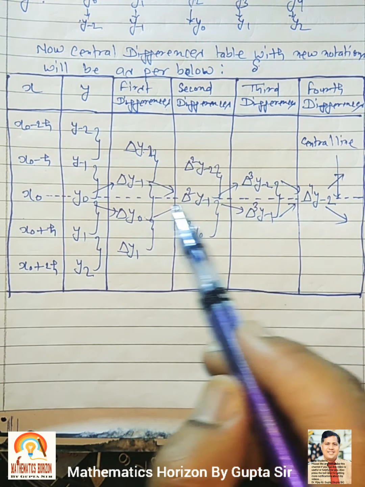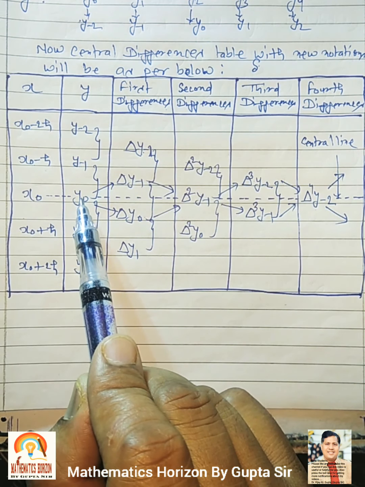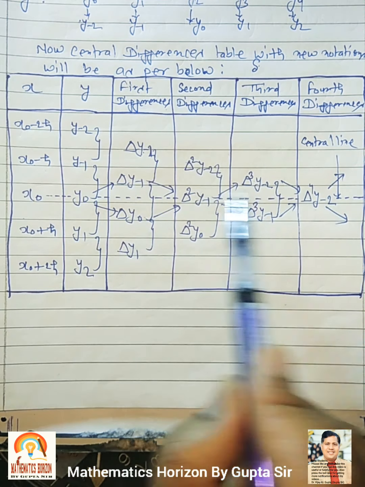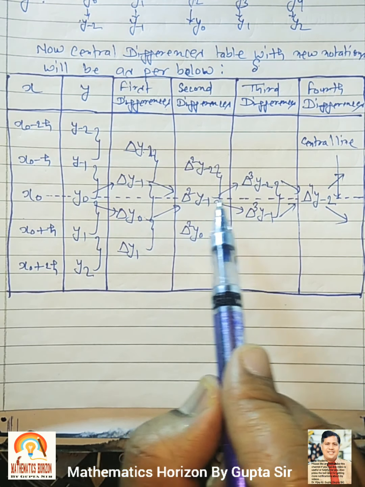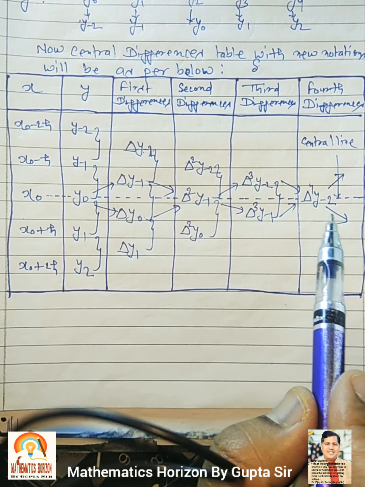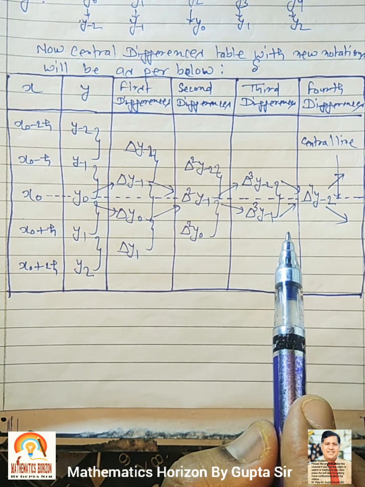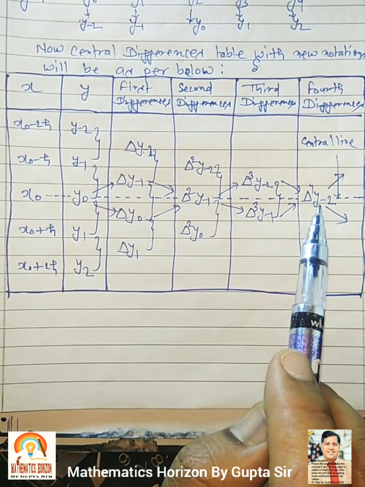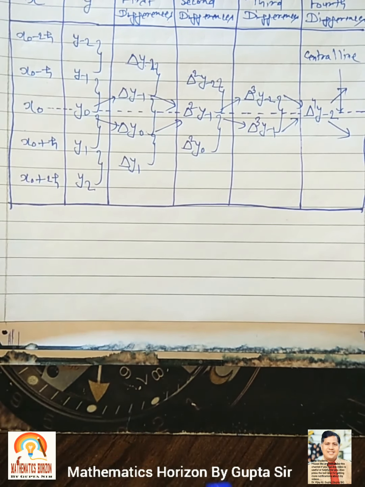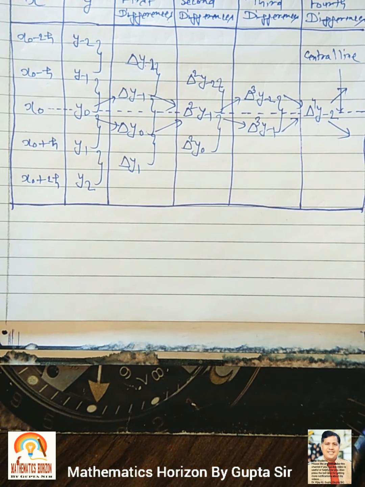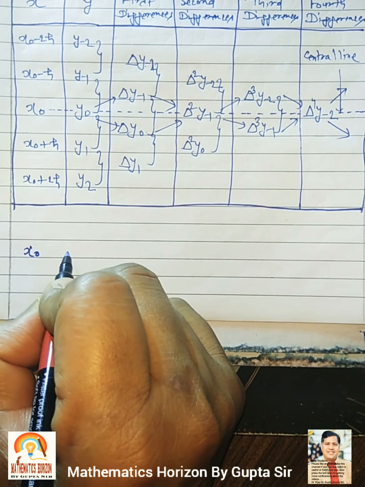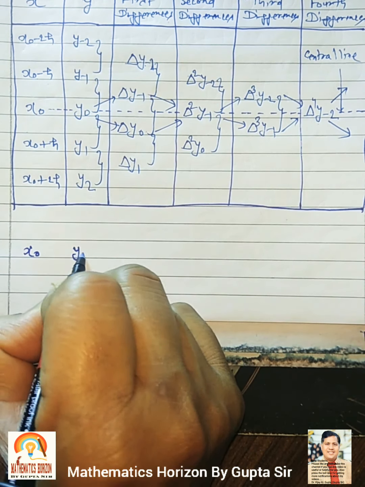And when we use Stirling formula, then we use all these differences above and below this central line. This line and all these which I have arrow marked will be used in Stirling formula. So everywhere it should be very clear to all of you. This is x0. In front of x0 will be y0.